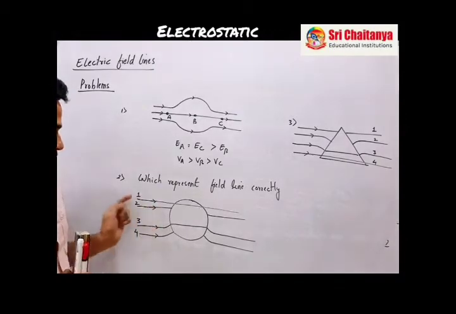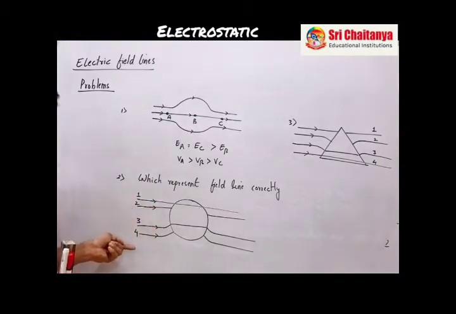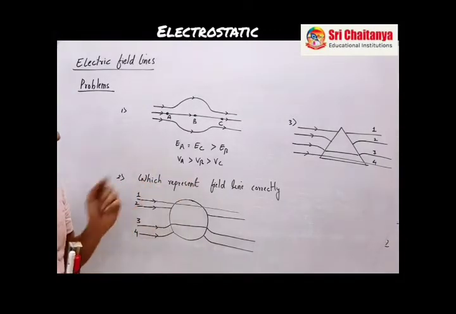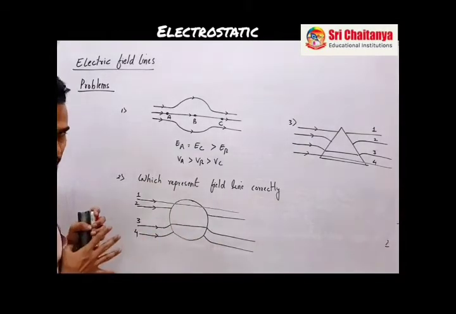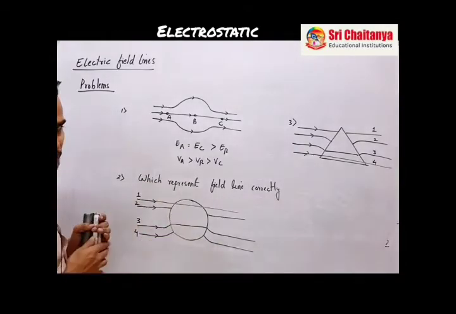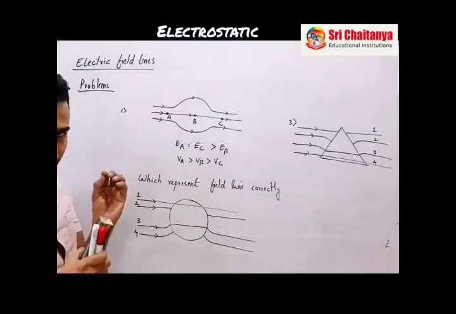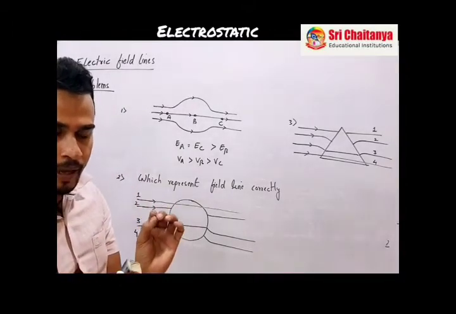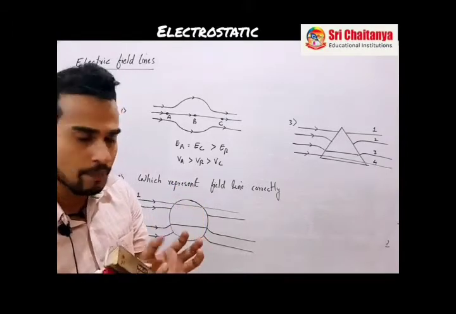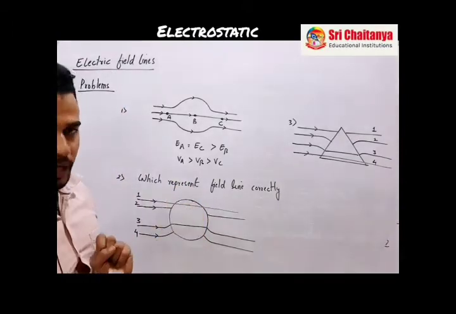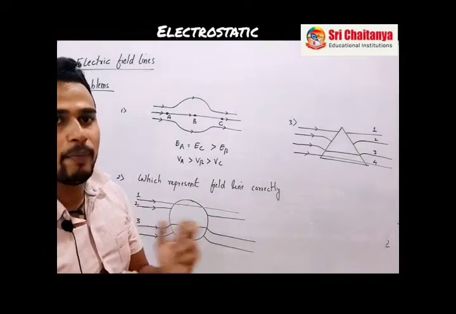Now they are asking you, 4 field lines are represented, and out of these 4 field lines, which field line is correctly represented. So one thing I told you just now, whenever electric field lines encounter a conductor, this is a conductor, a spherical ball you can say, so a metallic ball.